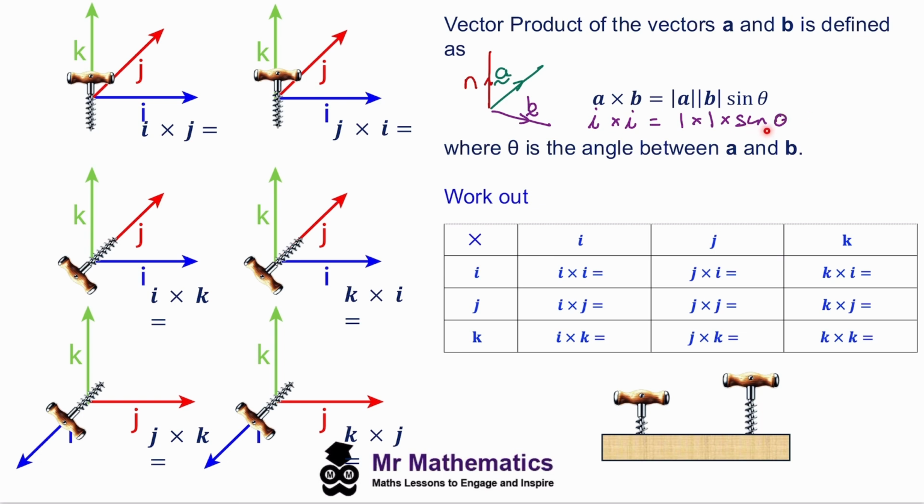So we know the sine of 0 is 0, so this entire right-hand side will become 0. So I crossed with I will be 0.